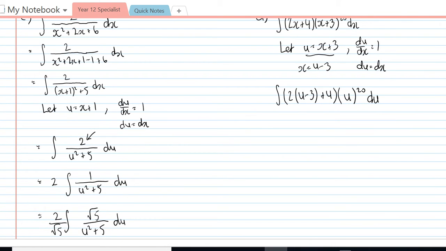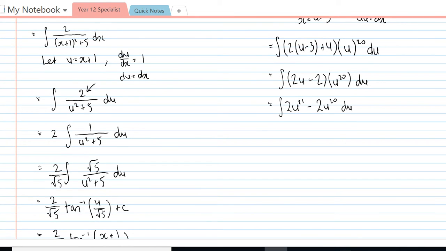And if I go through and simplify this a little bit, I'm going to have 2u minus 6 plus 4, so that makes minus 2, times u to the 20 du, which I can expand out now to give 2u to the 21 minus 2u to the 20 du.